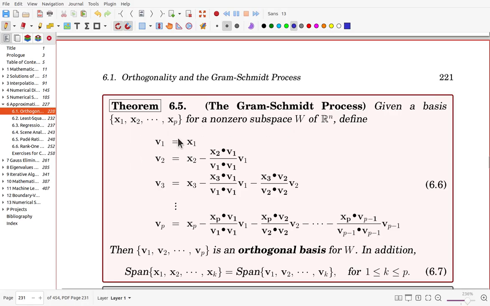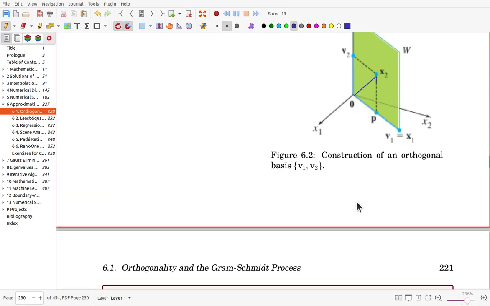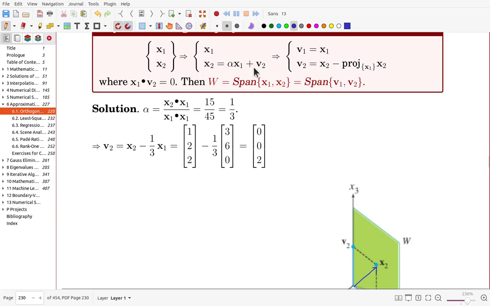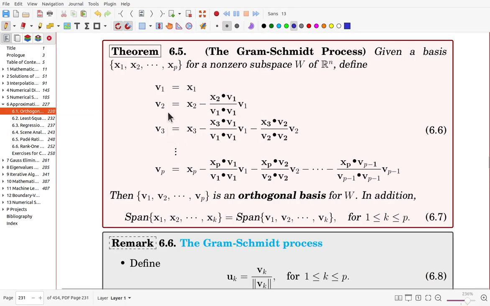Okay, that is a basis, and we define it exactly the same as in this example. The first step is v1 is x1, and v2 is x2 subtracted by its projection onto v1, that is, the projection onto the space of v1 is subtracted. So far exactly the same as earlier in the example.